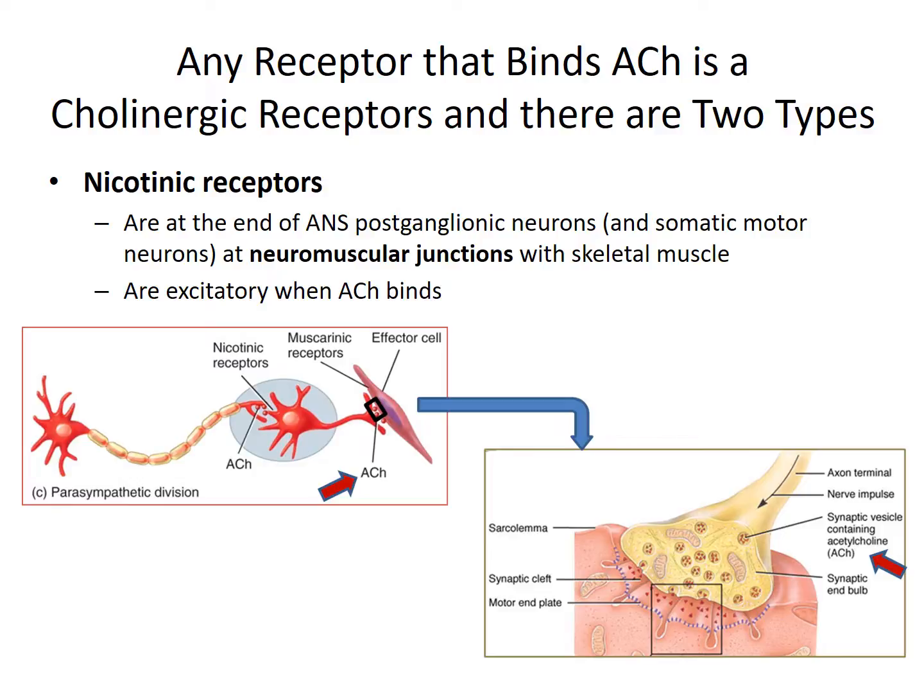These nicotinic receptors are also found at neuromuscular junctions with skeletal muscle, and are always excitatory when acetylcholine binds.